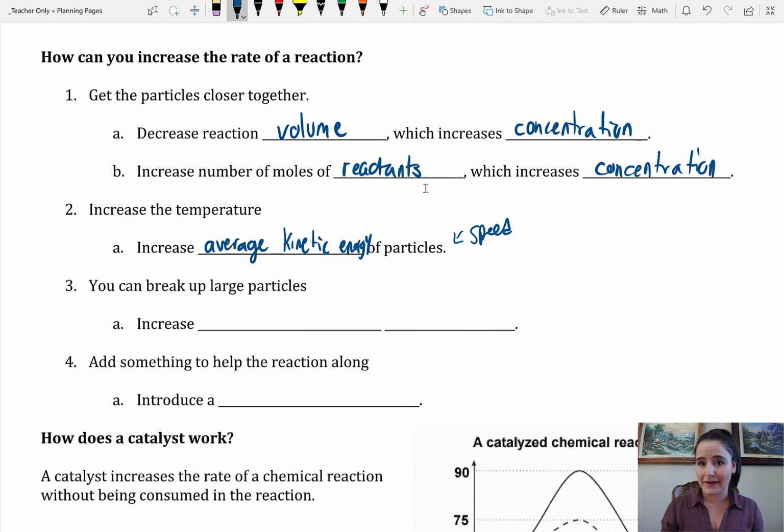Now, if we're talking about solutions and stuff, we could also break up large particles. And by that I mean like clumps, okay? Maybe a better word for that would be clumps. That increases the surface area. Now, if you have more molecules available, you have more ways for that chemical reaction to form.